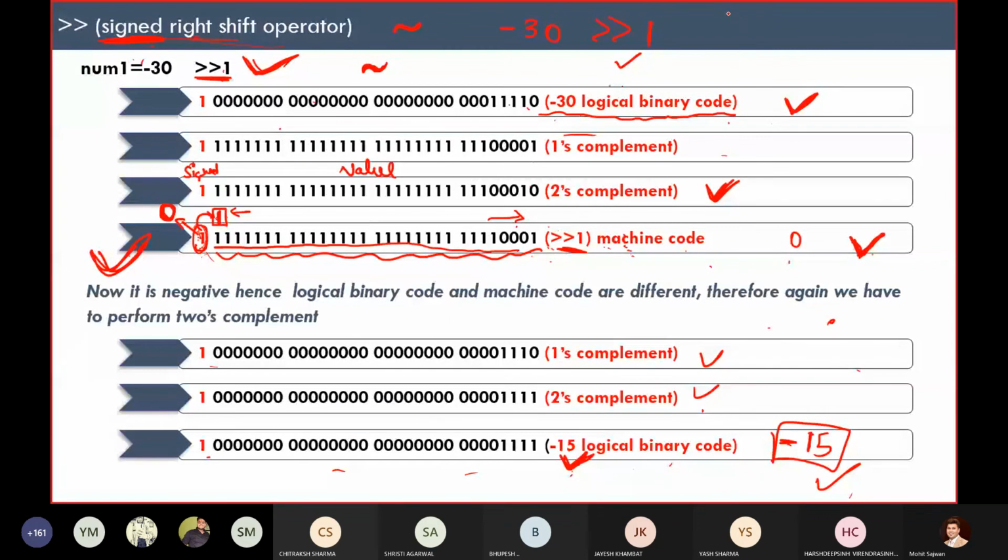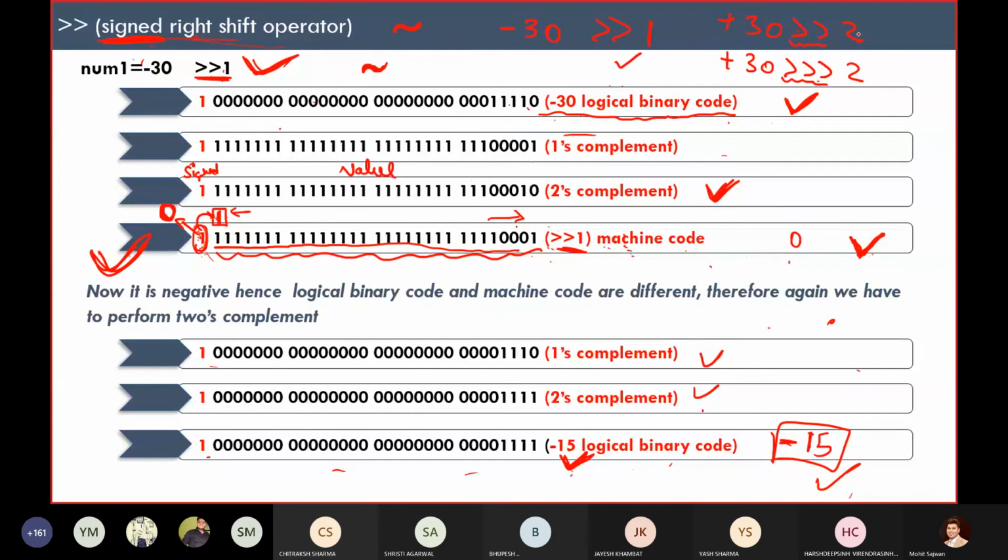So whenever you are getting a positive number, if I'm going to perform the right shift operator or the unsigned right shift operator, okay, the unsigned right shift operator is represented by three arrows, and the signed right shift operator is represented by two arrows.